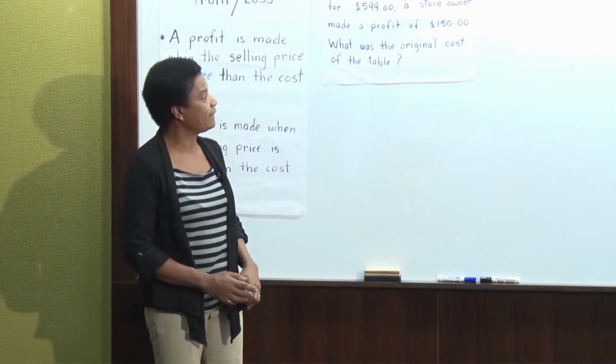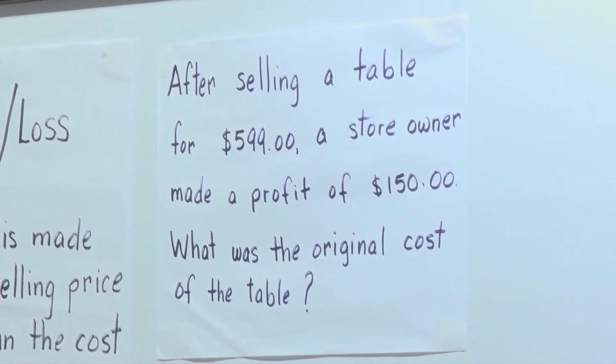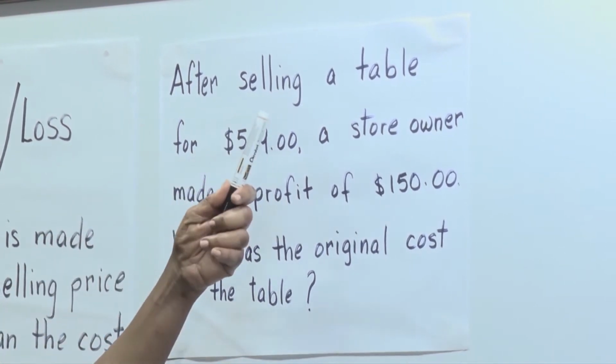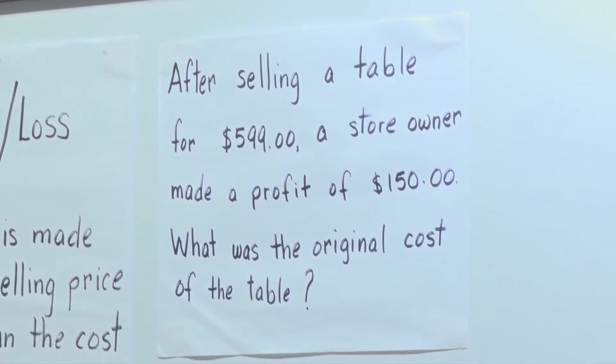Now let's look at our second question. After selling a table for $599, a store owner made a profit of $150. What was the original cost of the table? Let's read it again. After selling a table for $599, so what price was that?